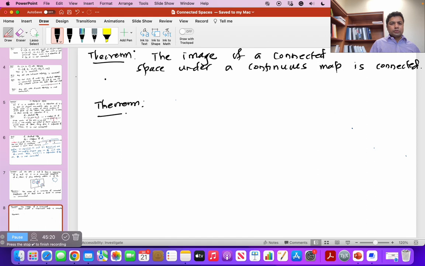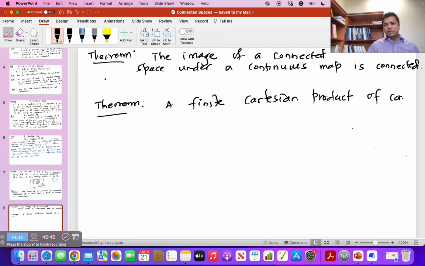And here is one more theorem. This theorem also tells us how to construct a new connected space from other connected spaces using the Cartesian product. And here is the statement: a finite Cartesian product of connected spaces is connected.